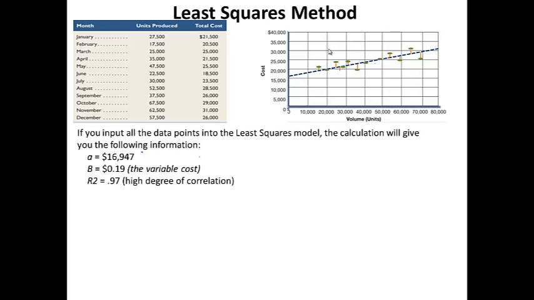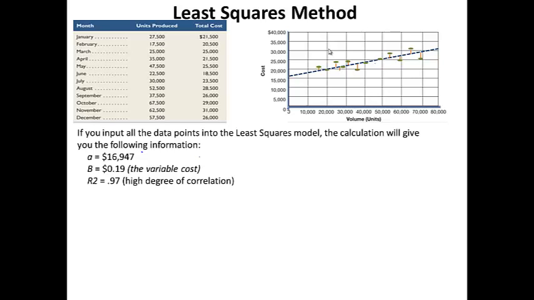Now, if you input all the data points into the least squares model, the calculation is going to give you the following information. A is going to be $16,947, which, if we go back to the previous slide, is our fixed cost. So what the least squares method is saying is that our fixed cost is $16,947.